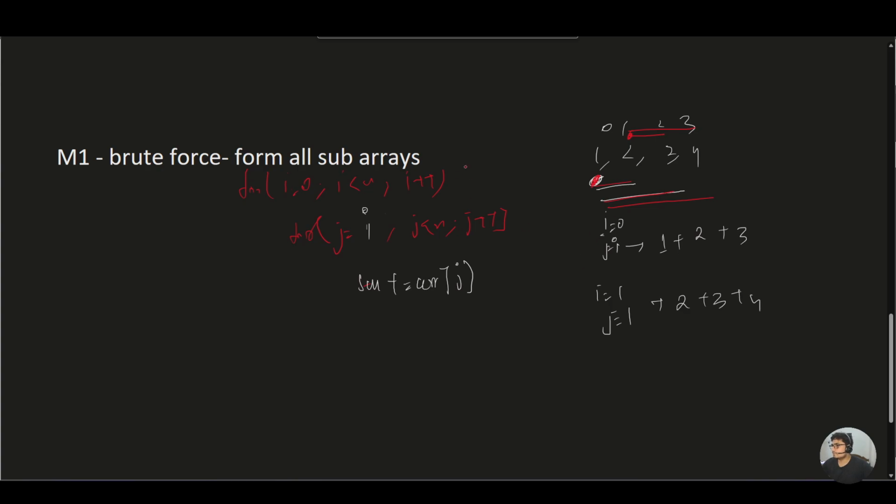So we'll have a for loop with i equals 0 till i less than n, and we take the help of a second nested for loop, j equals i, j less than n, j plus plus. We do sum plus equals array of j, and whatever the question is saying, we do that part. Please pause this video here and try to code this approach by yourself, because it's a very self-explanatory approach. We'll resume again.